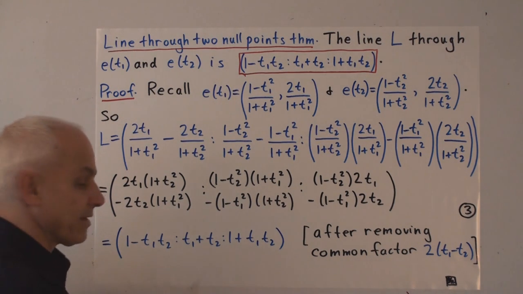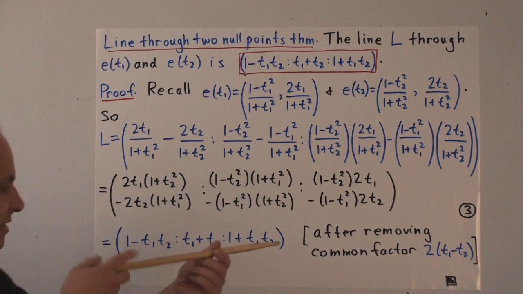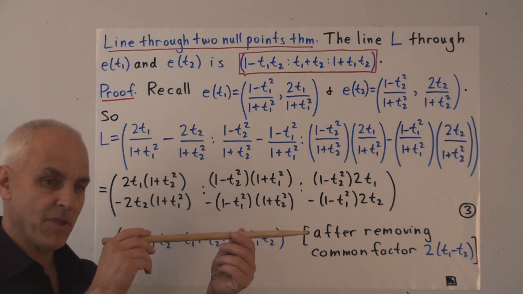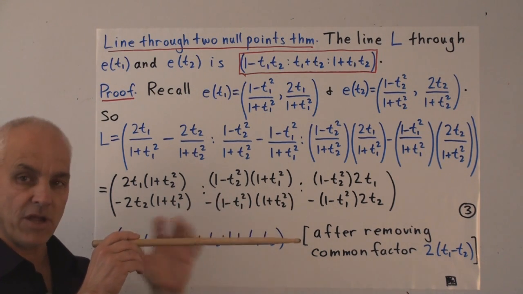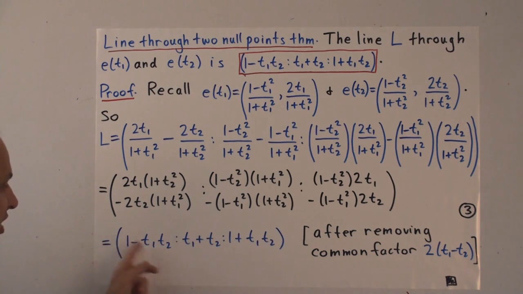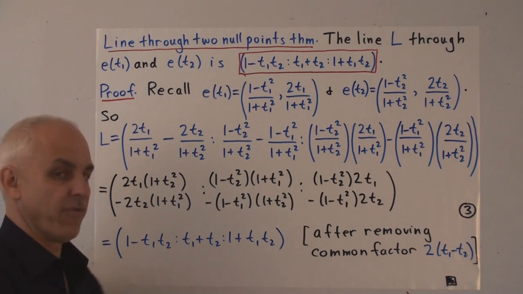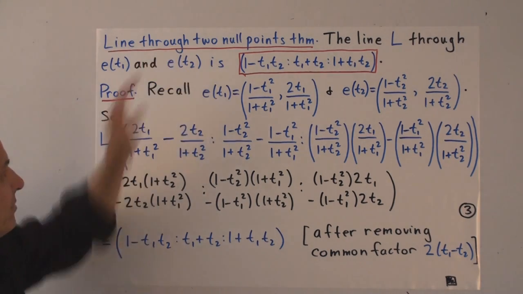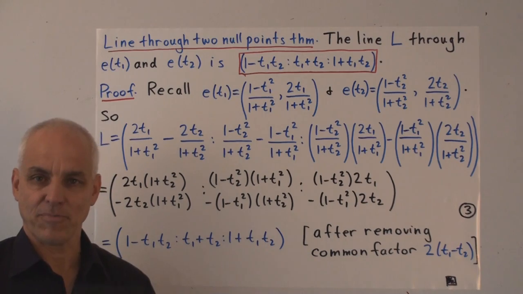This is a very nice expression. The expression for a line going through 2 points on the unit circle, those 2 points having parameters t1 and t2. That's the end of our proof of this preliminary kind of theorem.